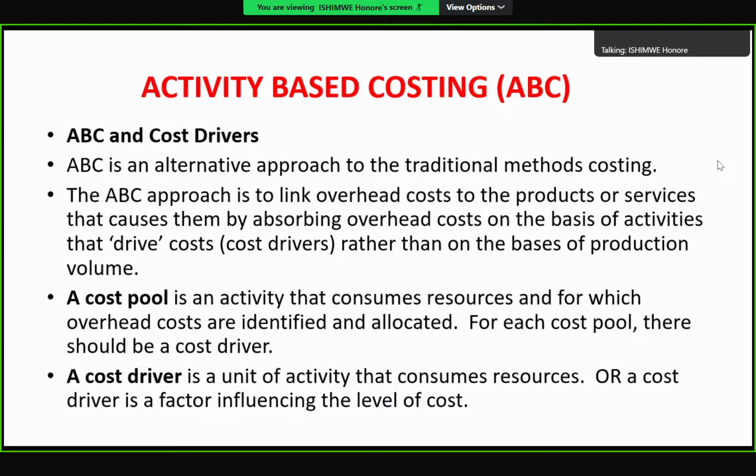The activity-based costing approach aims to link the overhead cost to the product or service that causes those costs, by absorbing those overhead costs on the basis of activities rather than on the basis of production volume.